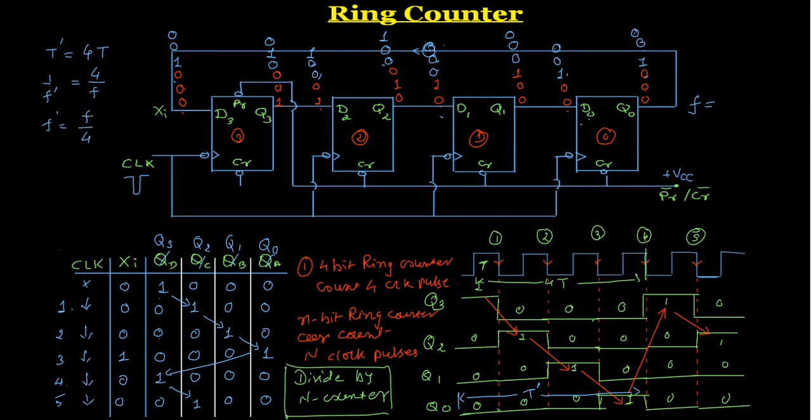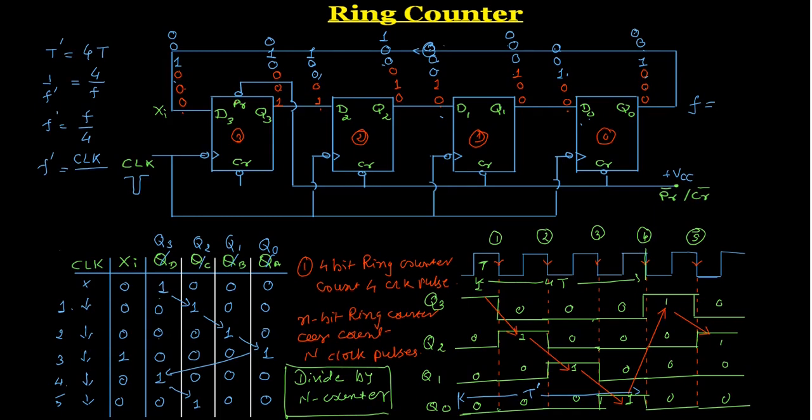What is f dash? f dash is the output frequency at the final flip-flop, and f is the clock frequency. So the frequency is given by f dash equal to clock frequency divided by 4.